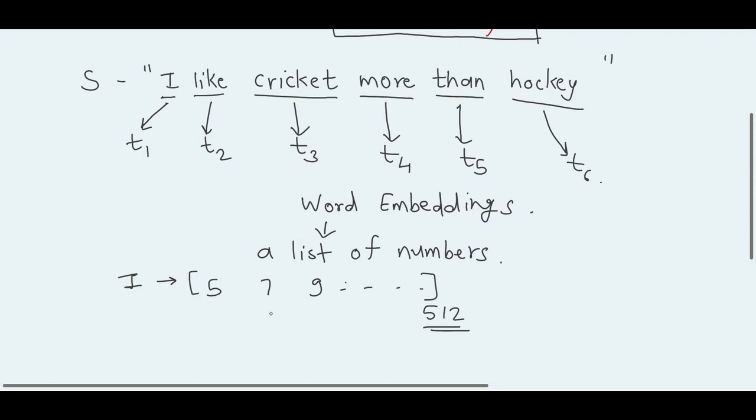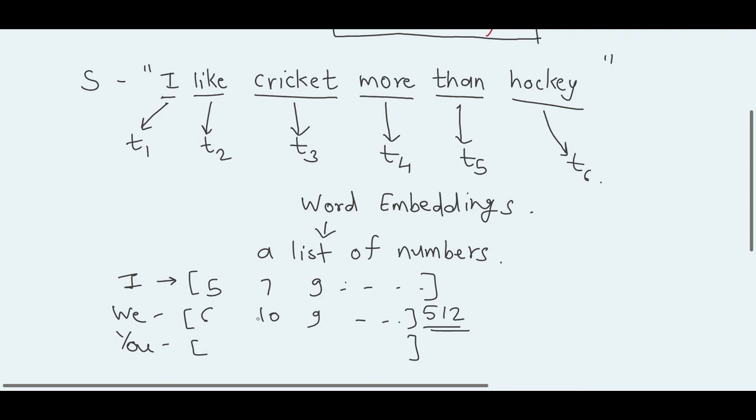So this is what word embeddings are, and the special thing about them is that similar kinds of words will get assigned similar kinds of numbers. For example, I, we, you, all these will have similar word embeddings associated with them.